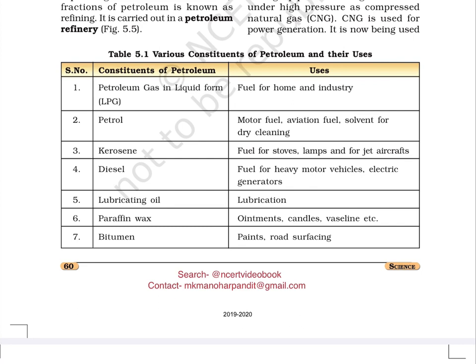Uses: fuel for heavy motor vehicles, electric generators. 5. Lubricating oil. Uses: lubrication. 6. Paraffin wax. Uses: ointments, candles, Vaseline, etc. 7. Bitumen. Uses: paints, road surfacing.